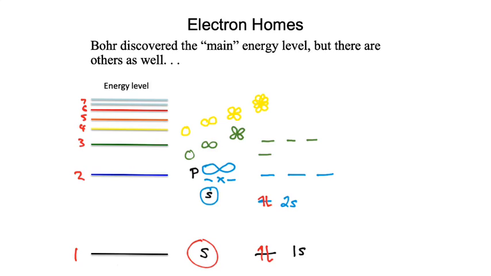It's P. Why is it P? Because the other letters were already taken. That is the reasoning behind it. So our next electron will go into a 2p orbital.